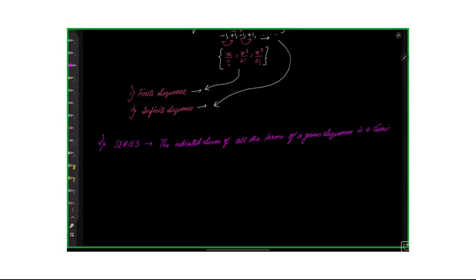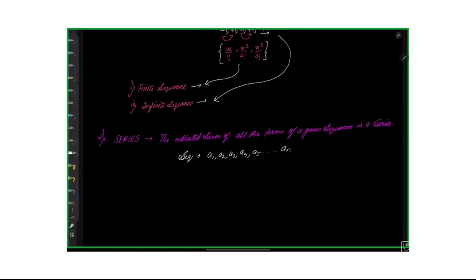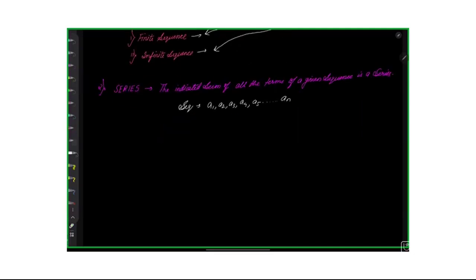Very easy, right? Now, if I talk about any sequence, for example, A1, A2, A3, A4, A5, dot, dot, dot, An, right? Now, for this to be a sequence, there should be a specific relation which every term is following. You guys know it, right? Now, what will be a series?